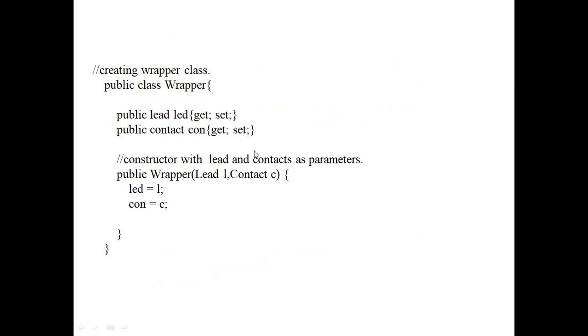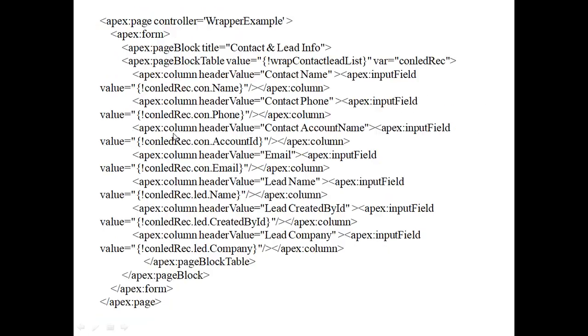Using this name on the wrapper class list, we write the wrapper class list dot led dot lead object field names like this. If you go below, here this is the wrapper class list dot con. Wrapper class list dot led, that is the variable name, madam. Con, lead, record is the variable name. Yes, whatever variable you used in the wrapper class, you have to use that variable to display the data.